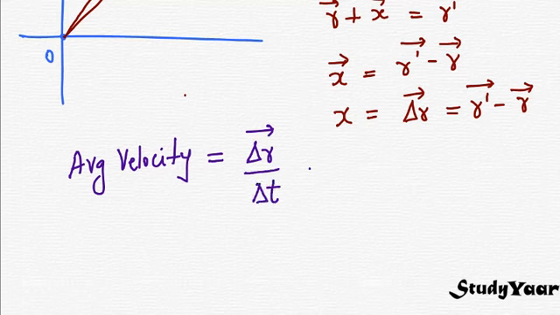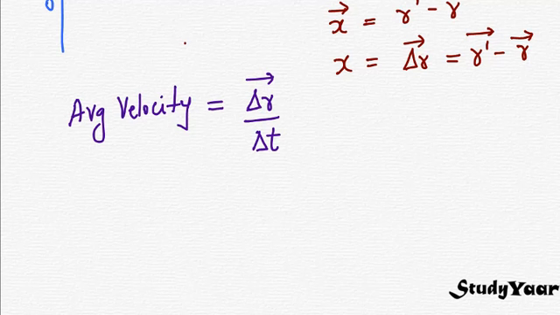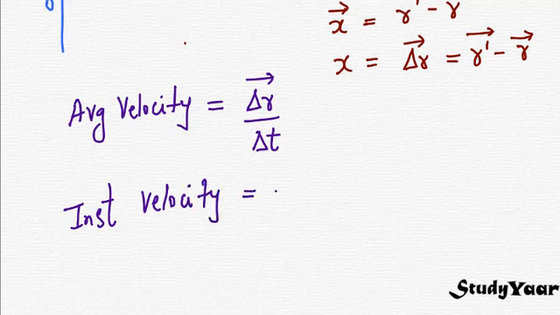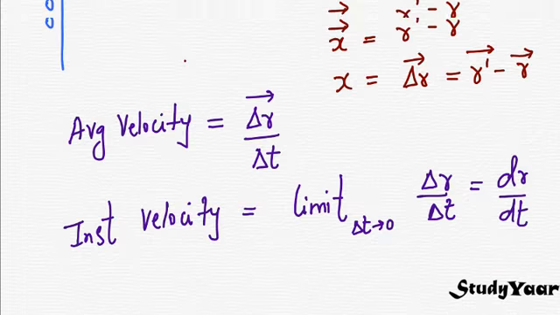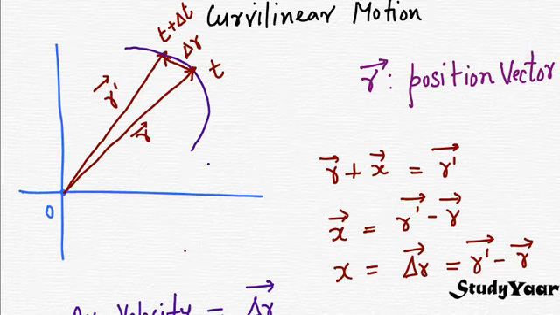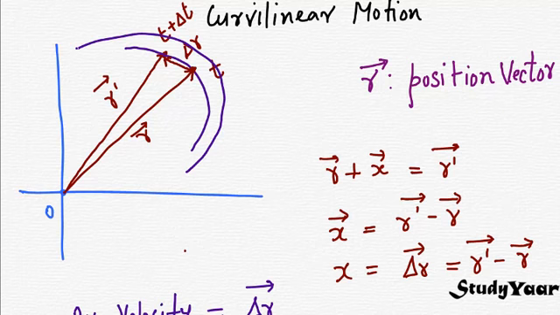So this is my average velocity, and therefore my instantaneous velocity would be given by the limiting condition when delta t tends to 0. Delta r upon delta t becomes dr upon dt. This is my expression for the instantaneous velocity of a particle which is moving along a curve.